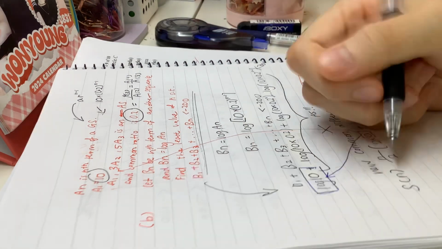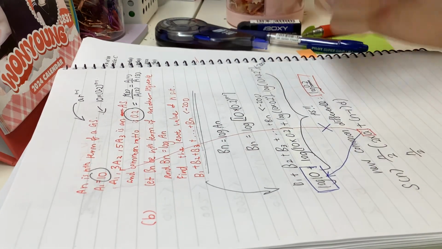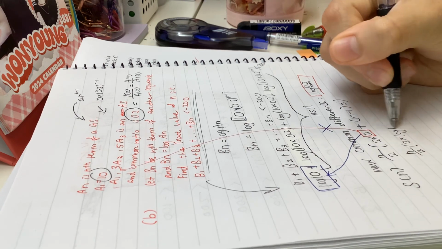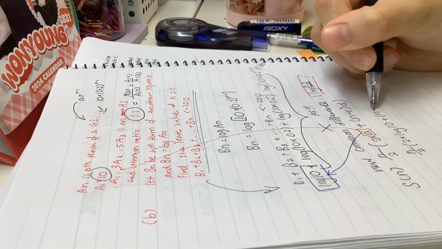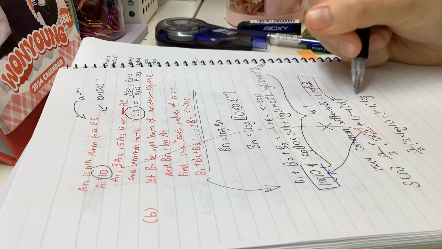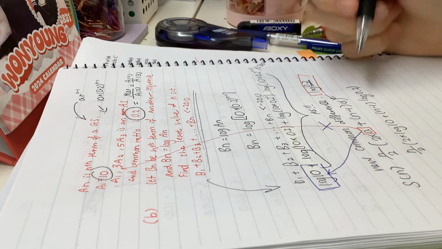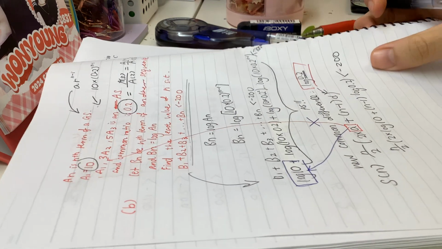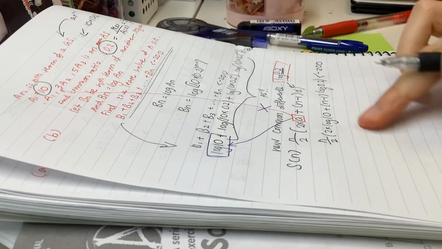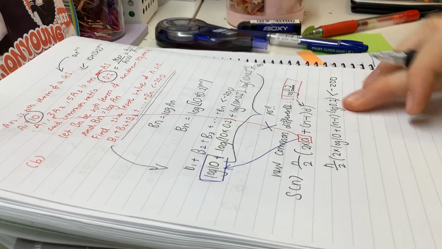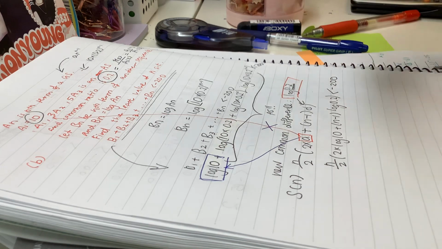If only I can find my pen. Yes. And then we can do log 10 plus n minus 1, and then we can plug it in, log 0.2. And then this would be smaller than negative 200, right? So when we have this, we can just quickly simplify this equation.